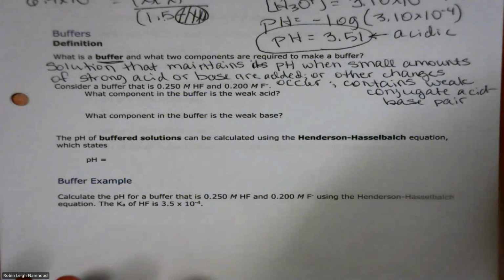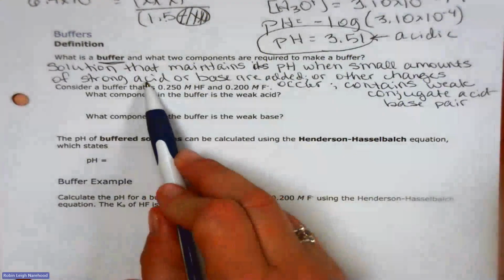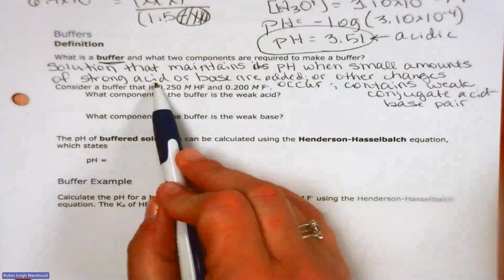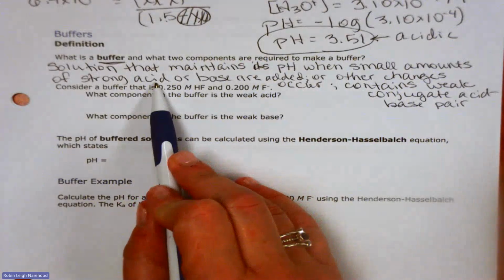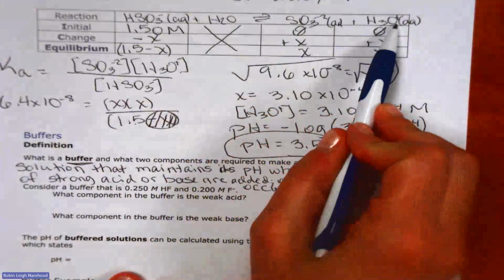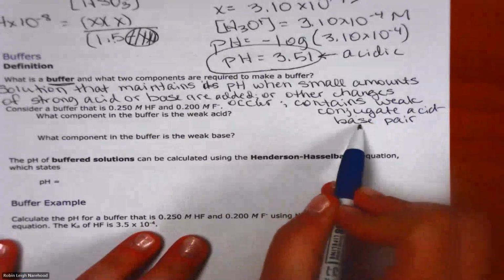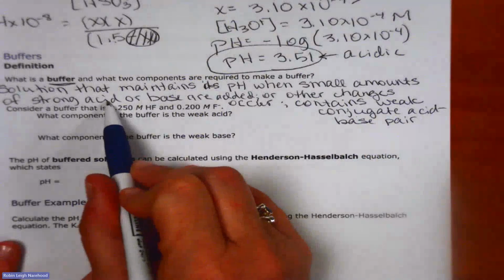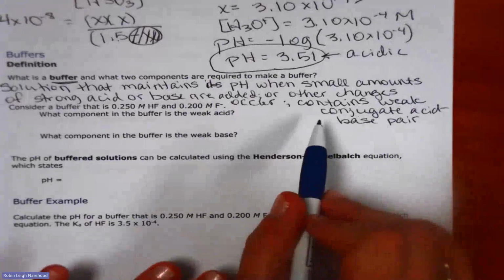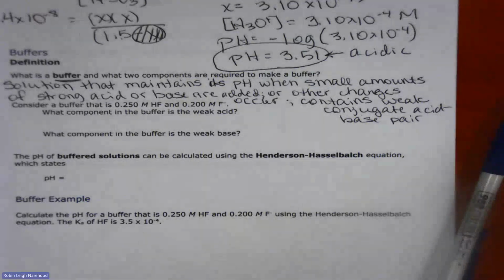So the way this works: if you add an acid to a buffer that has an acid and a base, when an acid is added to water and it isn't a buffer, it gives water its hydrogen and forms hydronium. But if you had a base present, the thing that most likely takes a hydrogen is the base. So if there is an acid and base present already and you add acid, it will react with the base that's already there.